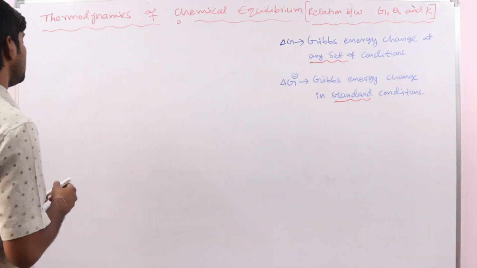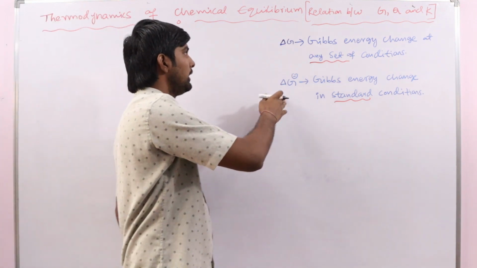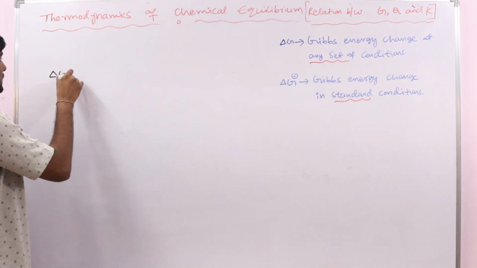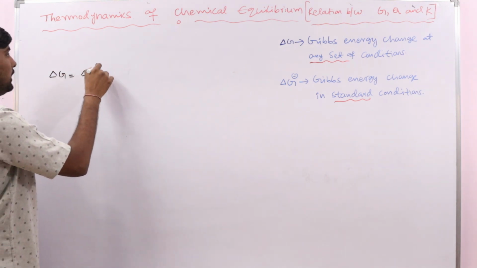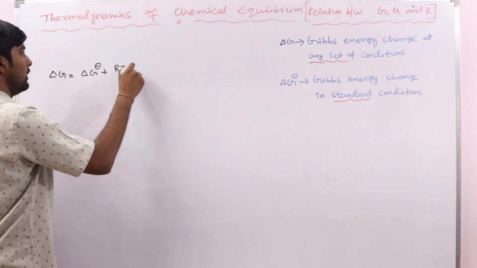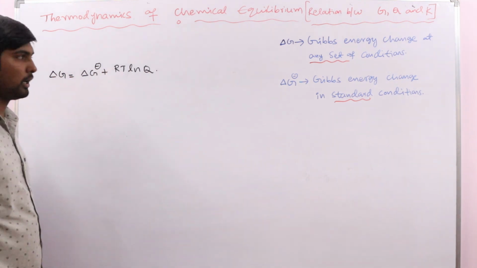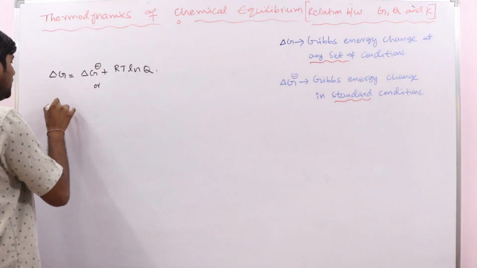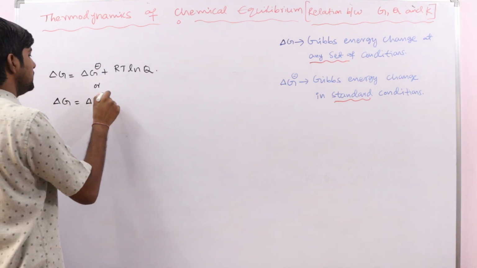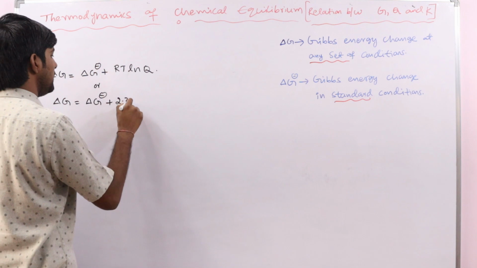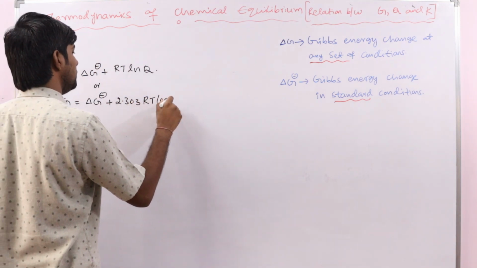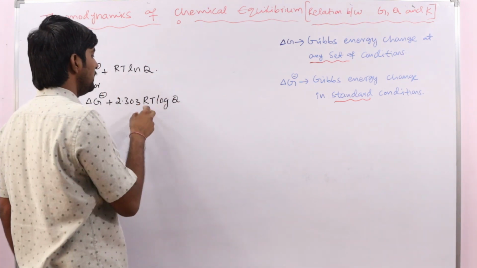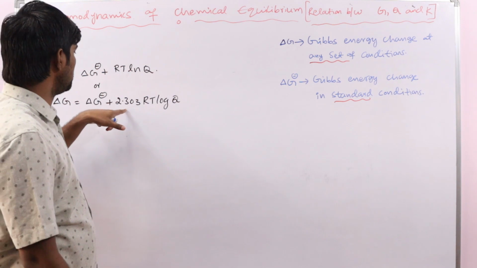Now here the relationship between delta G and delta G naught can be given as delta G equal to delta G naught plus RT ln Q. Or we can write this as delta G equal to delta G naught plus 2.303 RT log Q. RT ln Q, if it is converted into logarithm, we get 2.303 log.